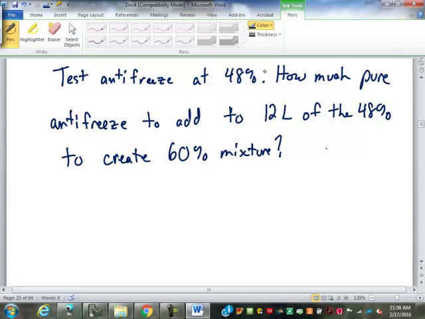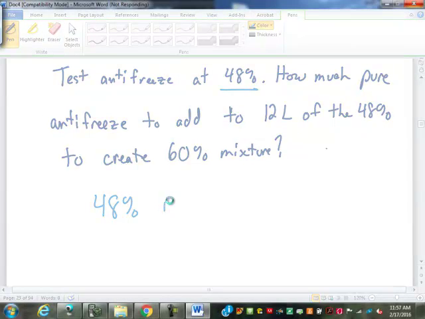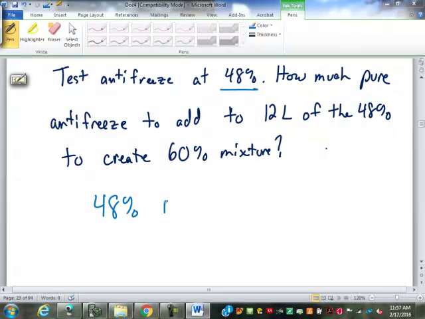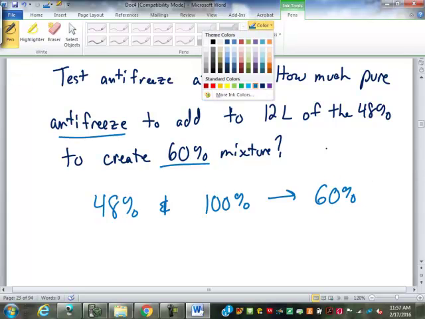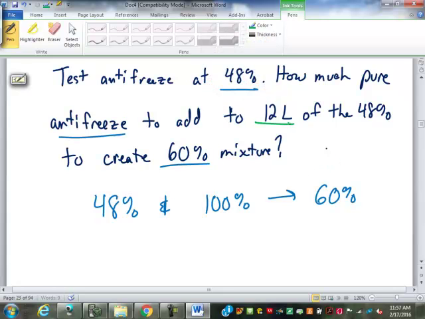So now in this case, our ingredients, we include the 48%. But now what percent are we combining with it? We're not combining 0%. This is not water. This is actually pure antifreeze. That's 100% that we are adding to it. And we're trying to create a 60% solution. The volume, well, we have 12 liters. I could change it to 12,000 milliliters if I wanted to, but we're not going to worry about that.